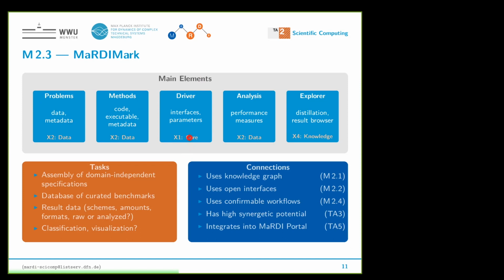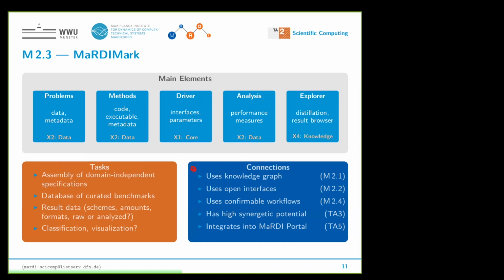And obviously there are then connections to the other measures. The knowledge graph will be able to give us candidates for data sets for specific algorithms or vice versa, find, based on the data sets that we are aiming at, the corresponding algorithms that we can apply and the isotopes that we can feed into the driver.